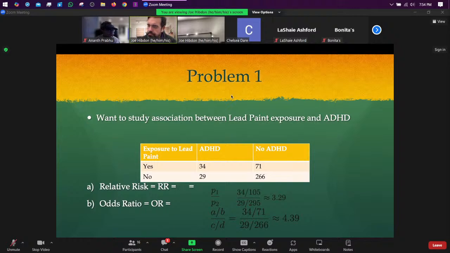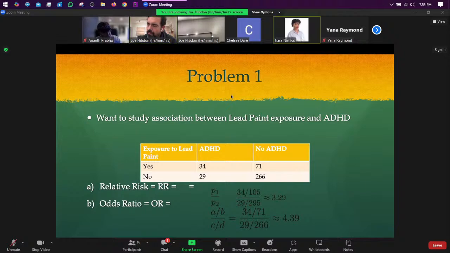So our population 1 is 34 out of how many? 105. How did you get 105?